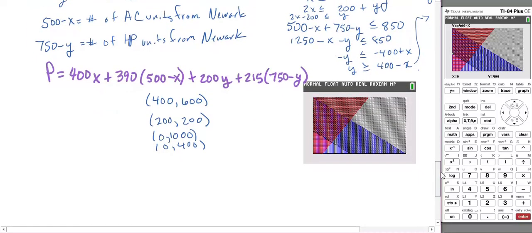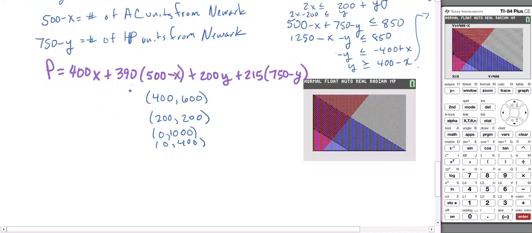And then we can simplify that. Definitely want to simplify that before we start plugging in these points.